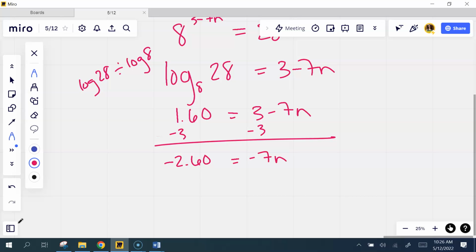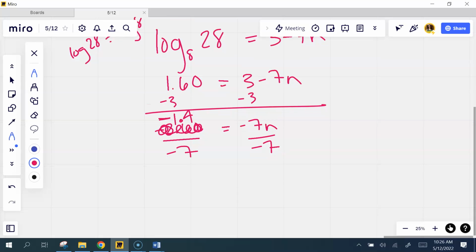And divide by 7. Or negative 7. What am I doing? Brain farting. And then divided there, so what do you get? 0.2?